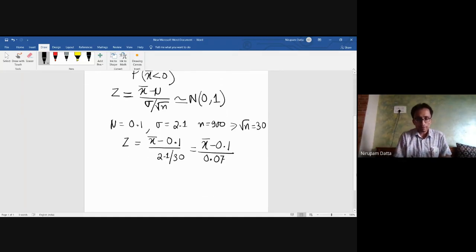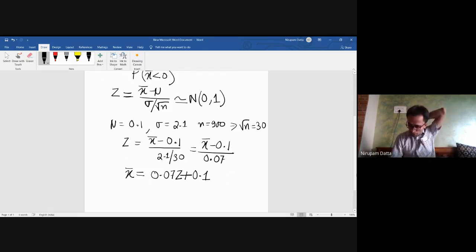So the expression for the sample mean can now be written as x bar equal to 0.07 Z plus 0.1. We just realigned the variables and wrote it.